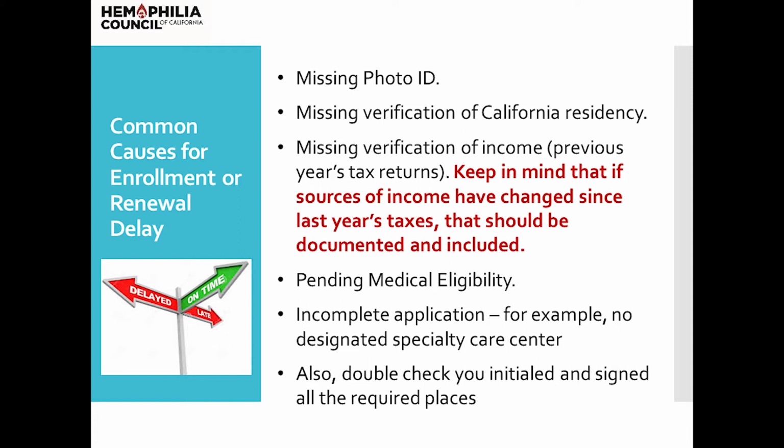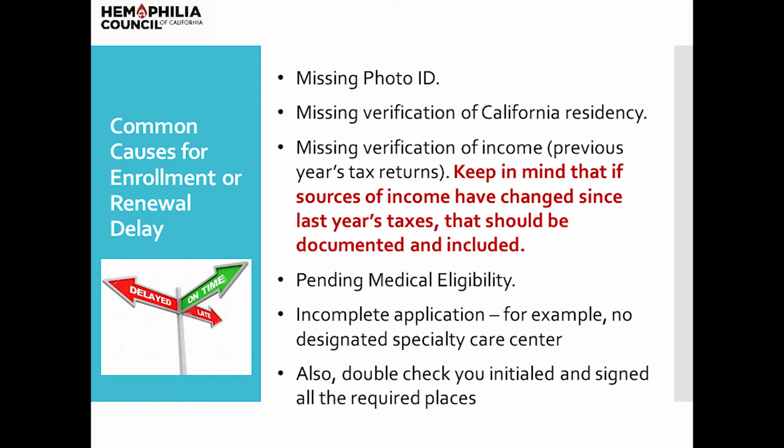Some of the other things that can delay your annual renewal is your pending medical eligibility, your incomplete application where you forget to designate your special care center. And there's also a place on the application to sign it. And I believe in a couple of places you have to actually initial. So those are all really important reminders so that your application doesn't get kicked out.